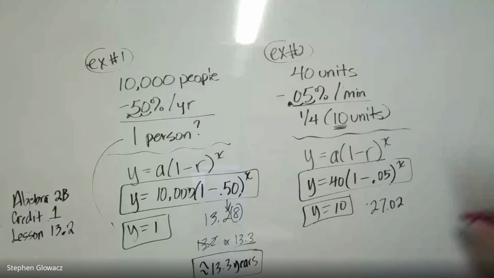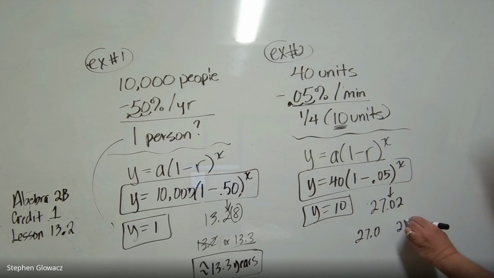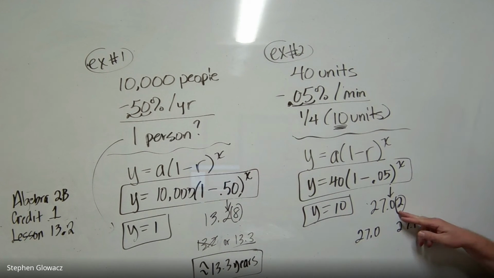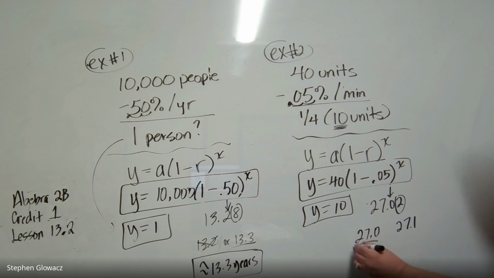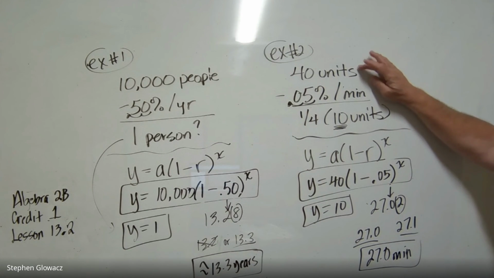So the options are to stay 27.0 or go up to 27.1. The next number is a 2. Remember our stay numbers 0, 1, 2, 3, 4, and this is a 2, so we are going to stay at 27.0. And so we have 27.0 minutes for our dose of insulin to decrease from 40 units down to 10 units.